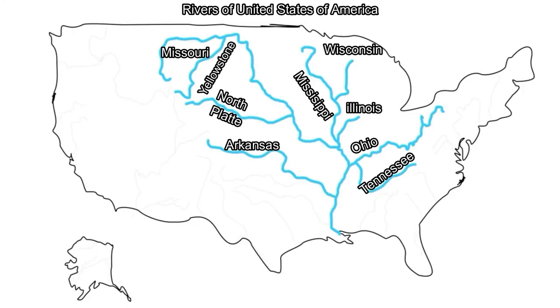River Arkansas joins Mississippi. Canadian River, of course, people will be surprised that there is a river named Canadian in United States, which is a tributary of Arkansas River. Red River joining Mississippi at the end.